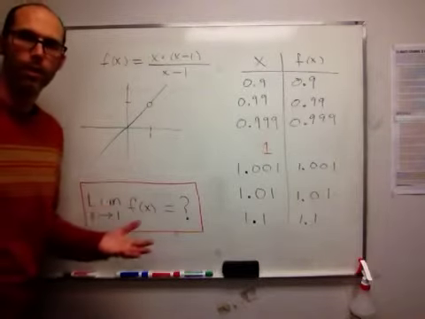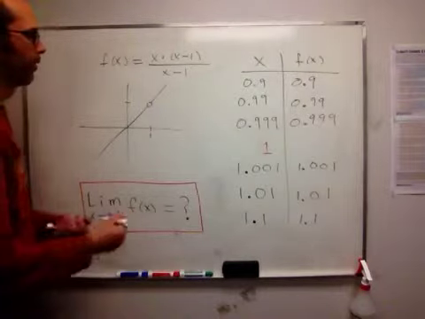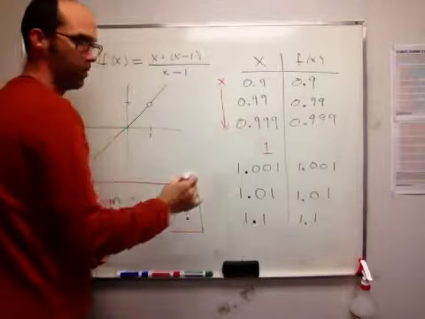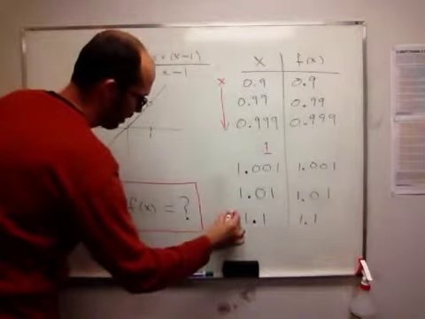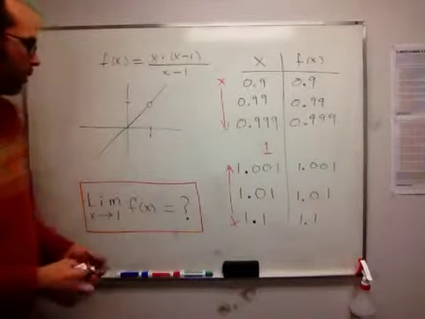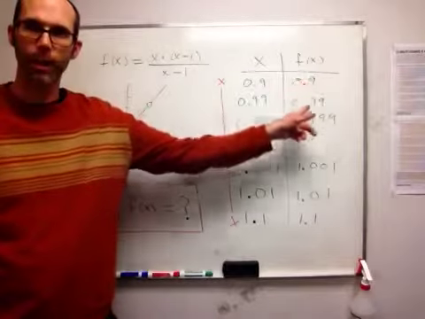Okay, so now the point. As x approaches 1 from above, and as x approaches 1 from below, what do we get closer and closer to? Look at that.